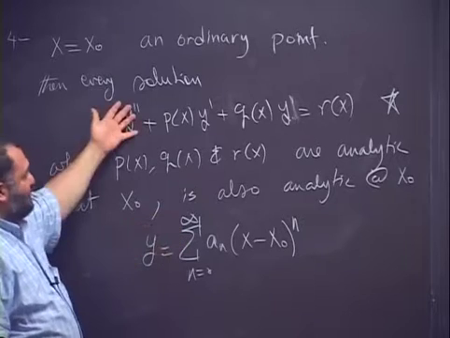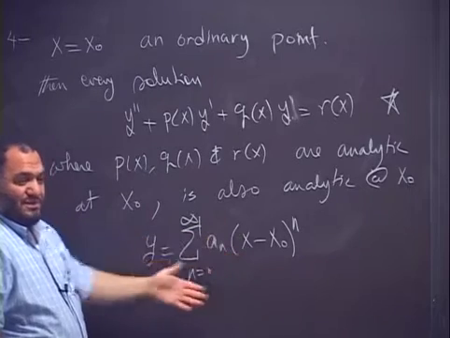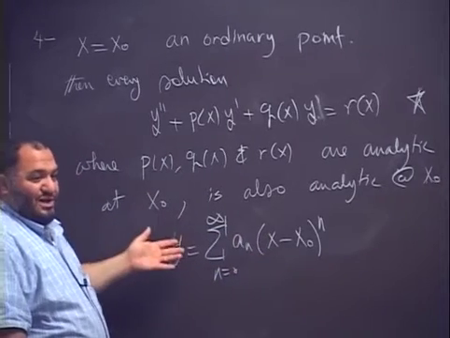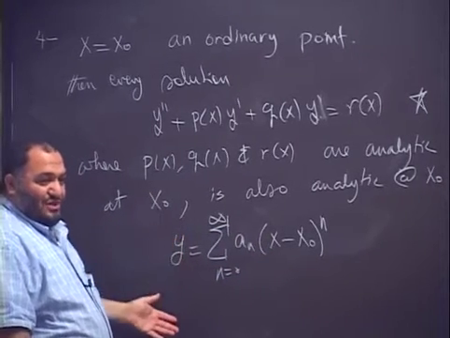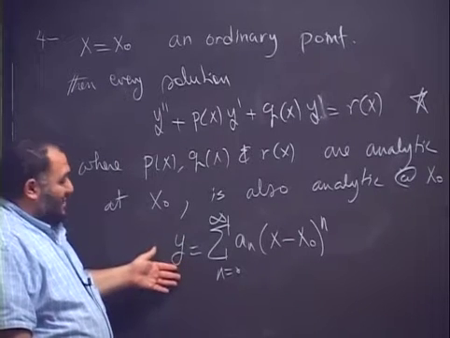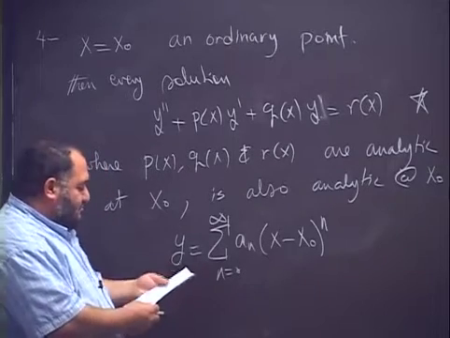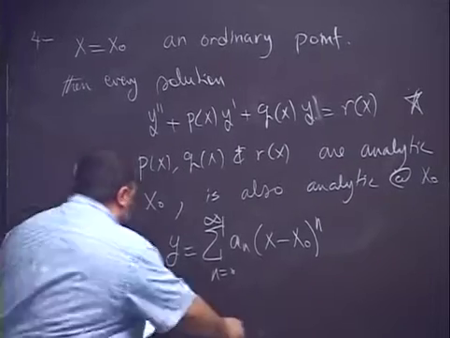So the solution for this equation will be in the form of y equal to a power series. So this solution will also be analytic. It does not have a singularity at x equal to x naught, and you can expand it here as a power series. Okay, guys?